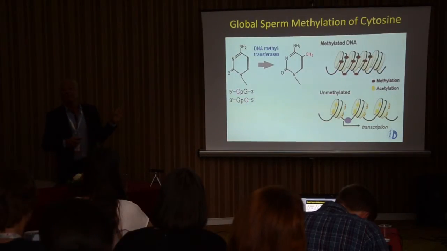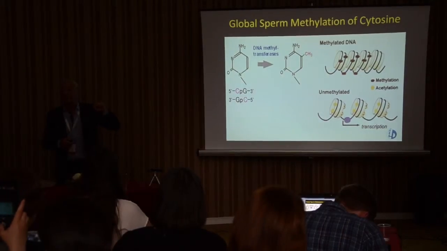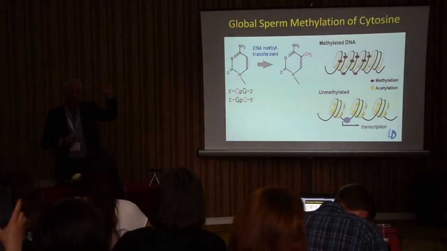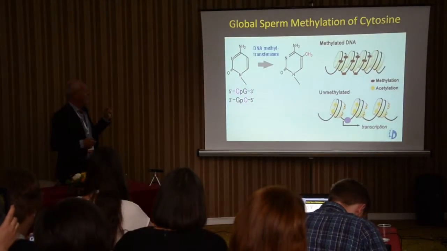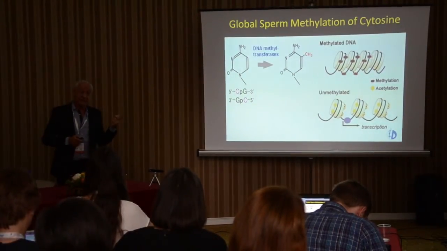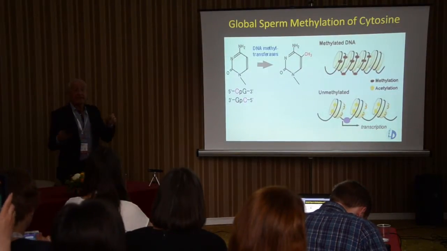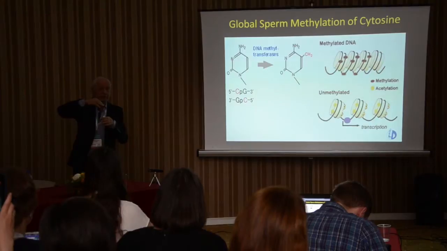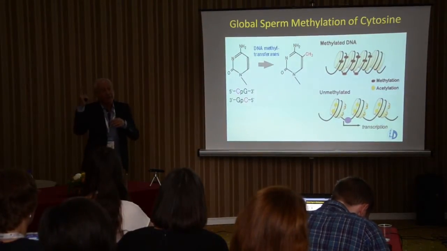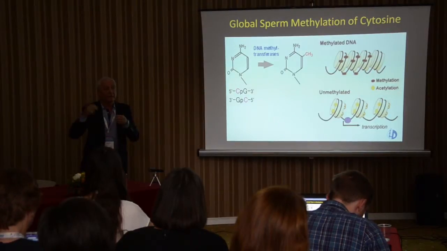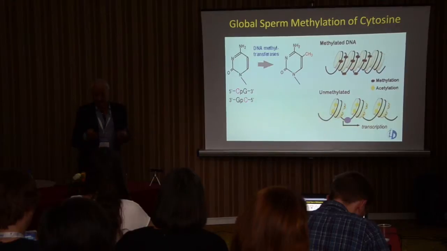We used a global cytosine methylation system, which looks at how many methyl radicals we have on the different kinds of sperm. For that we use a special antibody against 5-methylcytosine, and with a sandwich system you reveal the antibody to see if there is fluorescent light coming. If it's positive there is light, and if not, it's negative.